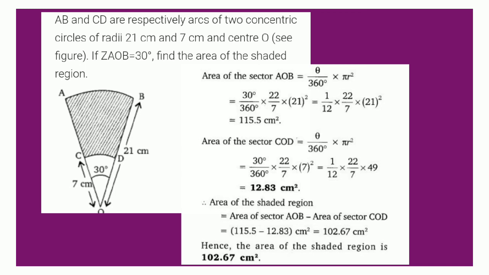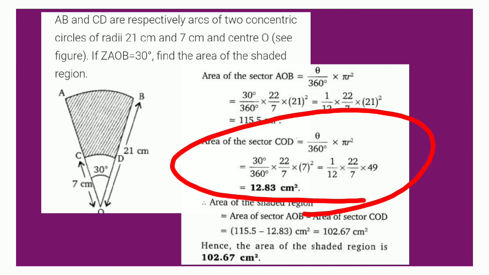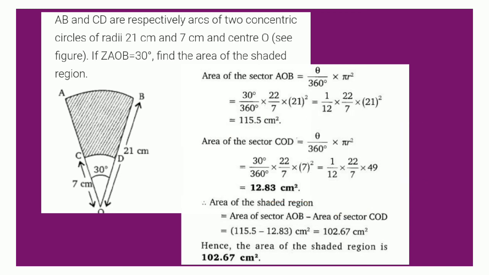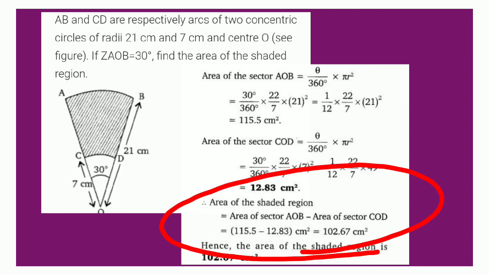Then the area of the smallest sector, again we can use theta by 360 into pi r square. Theta is 30 degree and r is 7 centimeter. So here 30 by 360 into 22 by 7 into 7 into 7. After the calculation you will get 12.83 centimeter square. Therefore, the area of the shaded region is equal to the area of sector AOB minus the area of sector COD.